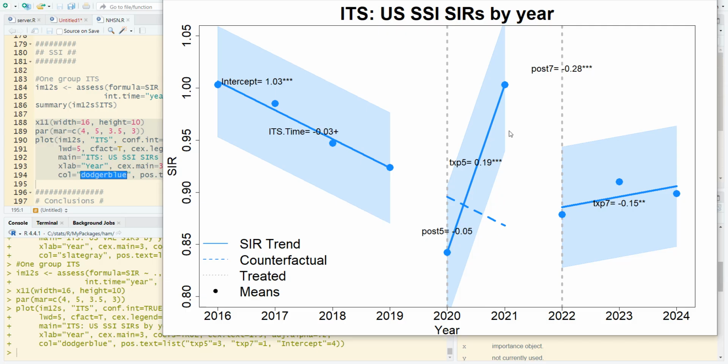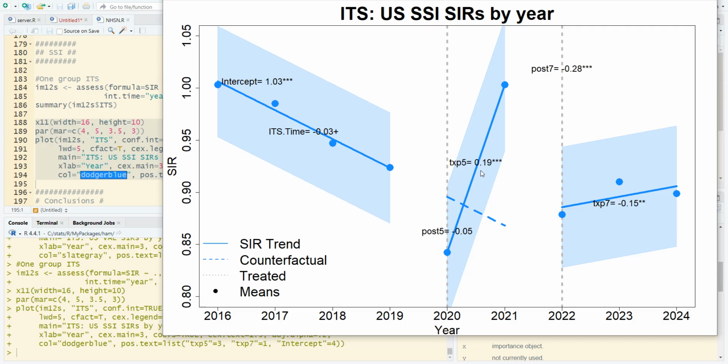We see it jump up a lot by 2021, which shows an increase. Again, we're only looking at 2 years in this period, so it's kind of hard to say that there are big implications from that.